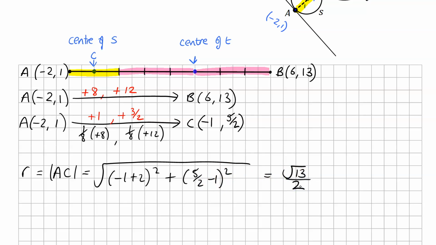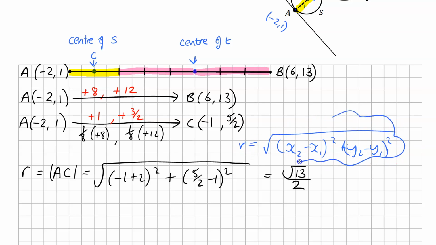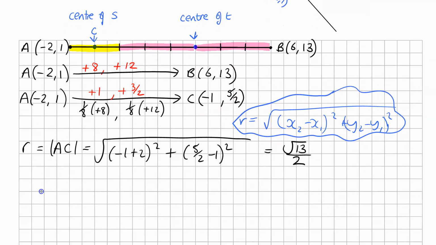Now that's simply using your distance formula there. x2 minus x1 to be squared plus y2 minus y1 to be squared, and obviously square root on all of that. So that's your distance that we're using here. Okay, so now we have the radius to be √13/2.